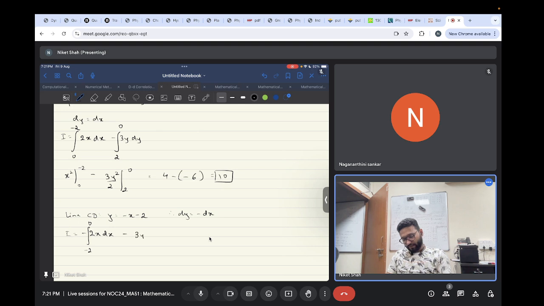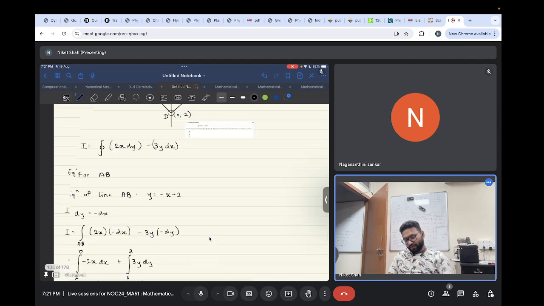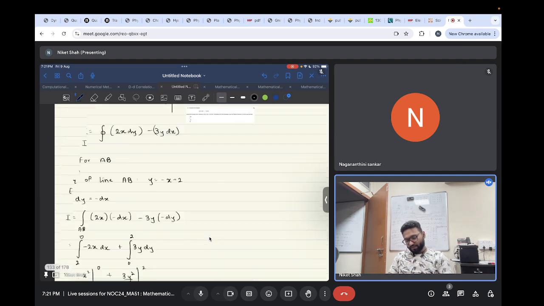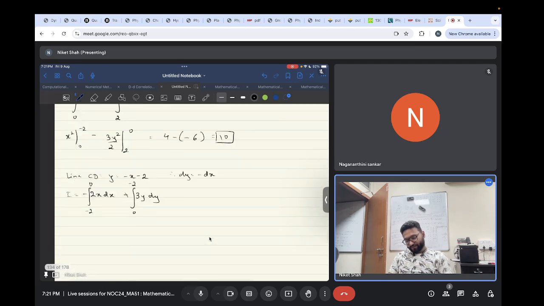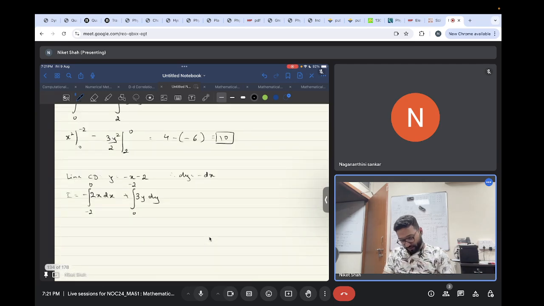Minus 3y, dx becomes dy with a change of sign, and y goes from 0 to minus 2. Y is going from 0 to minus 2, this is going from minus 2 to 0. Yes, these limits work. This becomes equal to x squared again as usual, and I'll get minus 4 here, minus 4 plus 6.